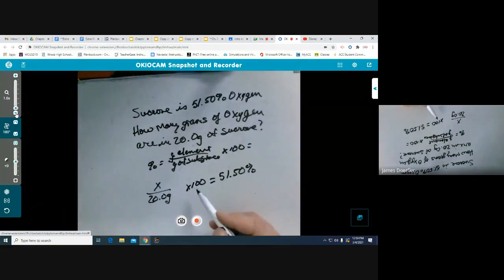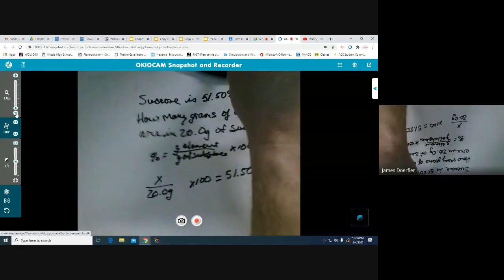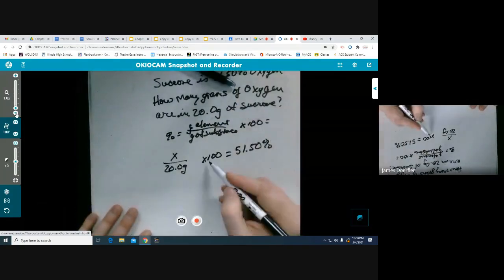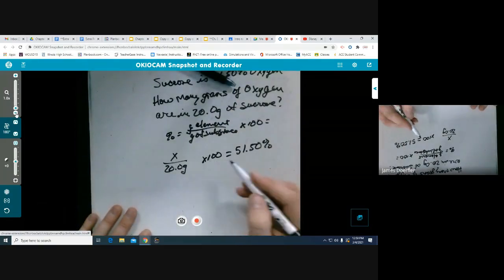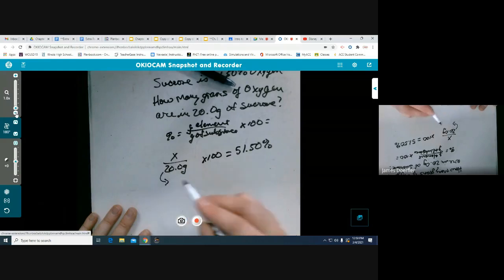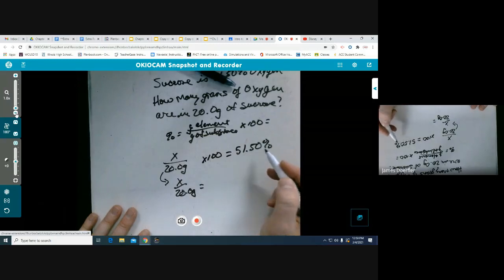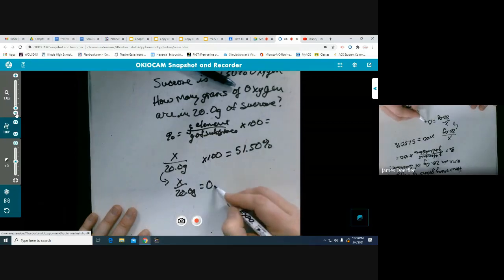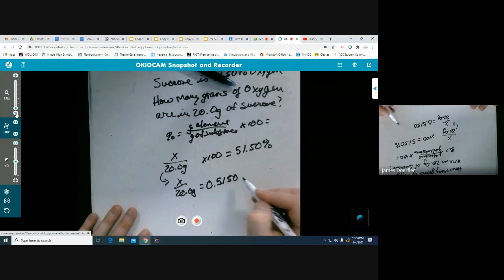So the first thing I'm going to do is divide by 100. And so I'm going to get X divided by 20.0 grams is equal to 51.50% divided by 100. You get 0.5150.